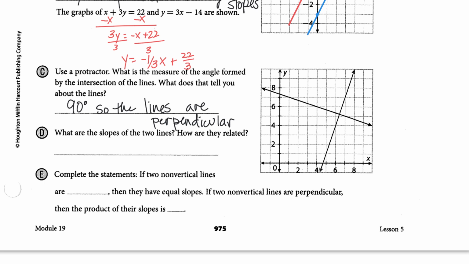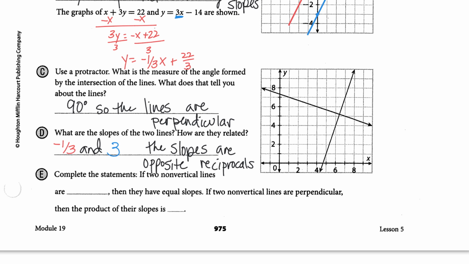We see here that the first line has a slope of -1/3, while the other line has a slope of +3. They are related because they are reciprocals of one another. 3 and 1/3 are reciprocals, they're flipped over versions, and they are opposites. One is positive and one is negative.